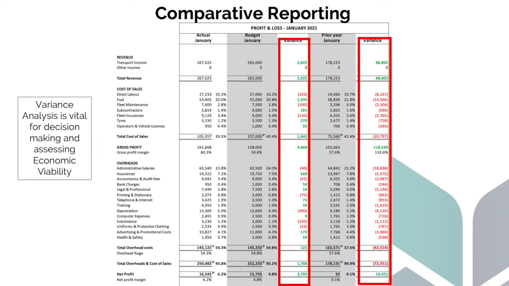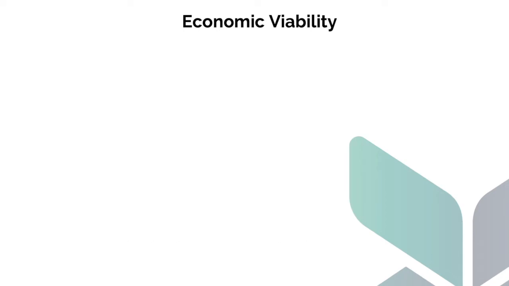But variance analysis is vital for decision-making and assessing your economic viability. So this is a bit of a sneak peek into the second part. We are talking about performance valuation, but of course, performance valuation informs your economic viability. So we've looked at performance valuation. Management accounts is what we're talking about.